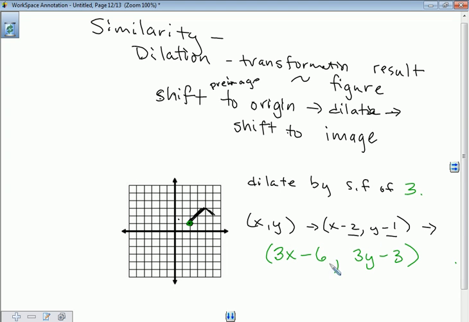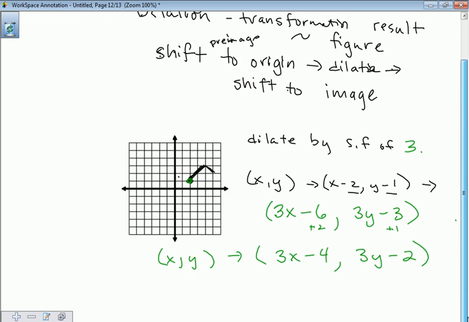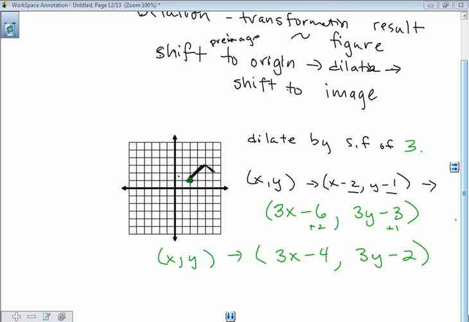So we're going back to 2, 1, so we'd have to add 2 and add 1. So the mapping would look like this. It would be 3x minus 4 and 3y minus 2. Okay?